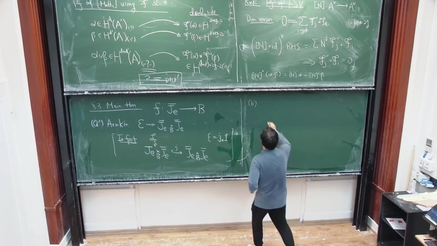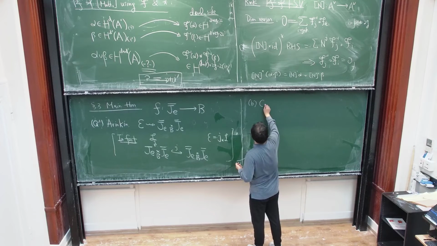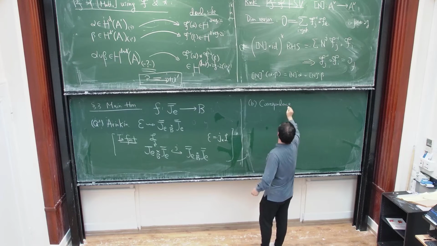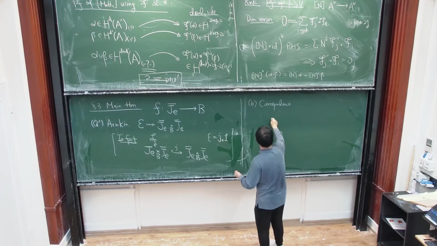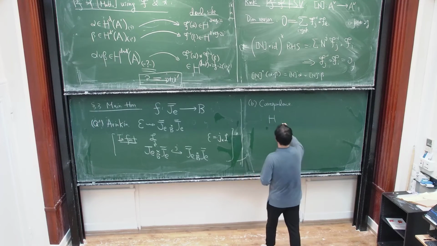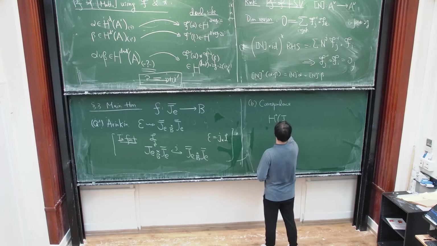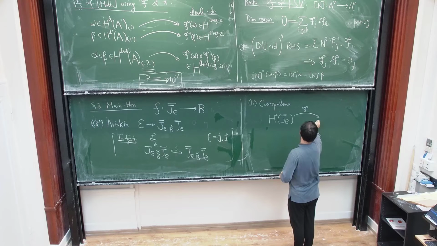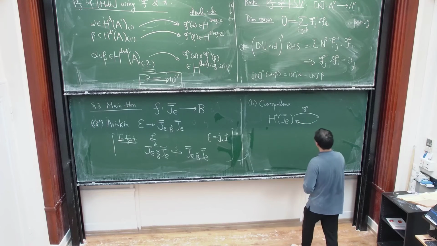Okay, so then the second part is, of course, we can descend everything from the derived category to correspondences. For example, again, I'm going to use the cohomological language to write everything. So you have F, and F inverse.